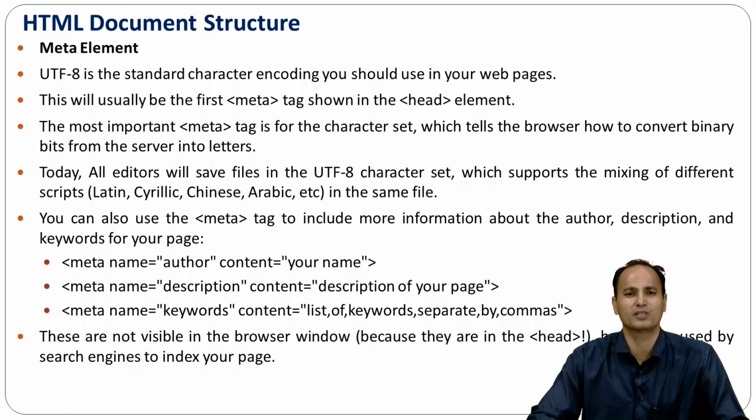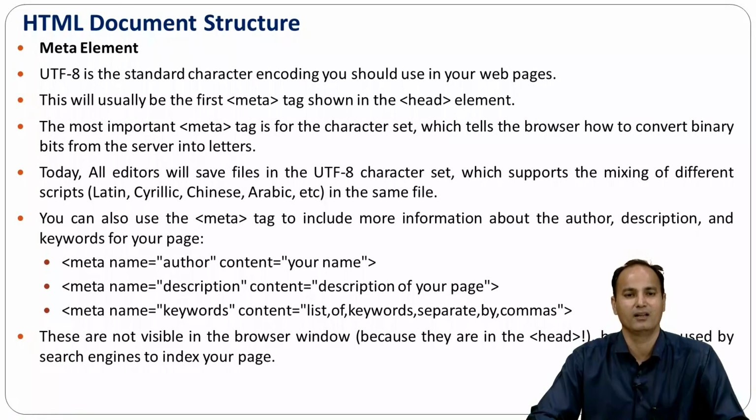The most important meta tag is for the character set, which tells the browser how to convert binary bits from the server into letters. Today, all editors will save files in the UTF-8 character set, which supports the mixing of different scripts. It may be Latin, Cyrillic, Chinese, Arabic, etc.